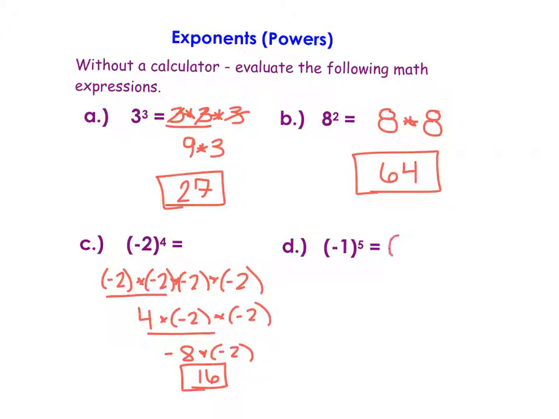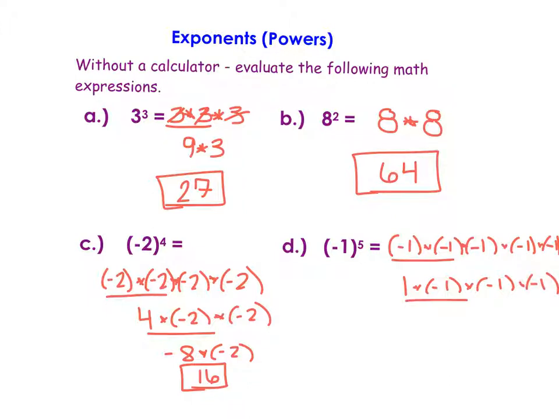And then finally here we have negative 1 times negative 1 times negative 1 times negative 1 times negative 1. So I start from left to right. Negative 1 times negative 1 is a positive 1. So I still have 3 more that I need to evaluate.